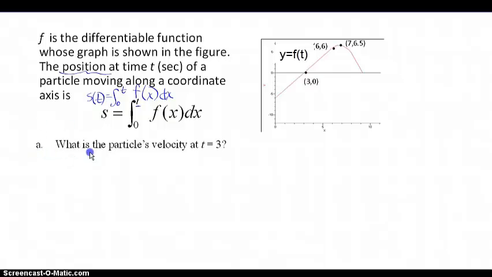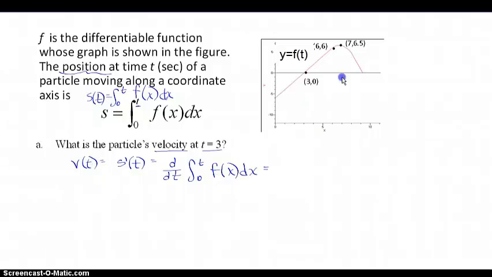All right, so part A says, what is the particle's velocity at t equal 3? Well, we know that velocity is the derivative of position. And we want to show the AP reader that we recognize that. And we recognize, therefore, since position is a function defined as an integral, we're going to take the derivative with respect to the independent variable from 0 up to t of f of x dx.